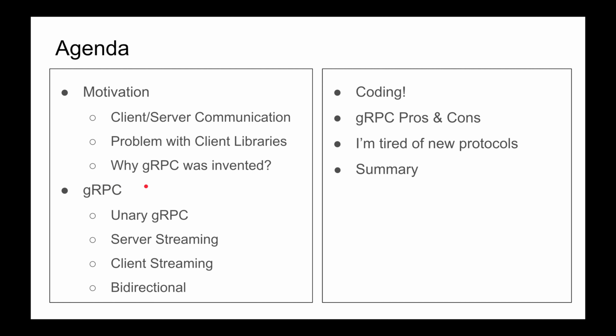Okay, so I'm going to talk about gRPC. We're going to talk about unary gRPC. What is that? The traditional request-response system, really, which is very, very popular. So the modes of gRPC: you can do this request-response, which is very popular. You can do a server streaming model, like when you're watching YouTube, for example, where the server is always sending you information, but the client doesn't ask for it.